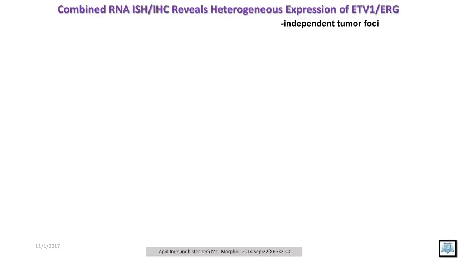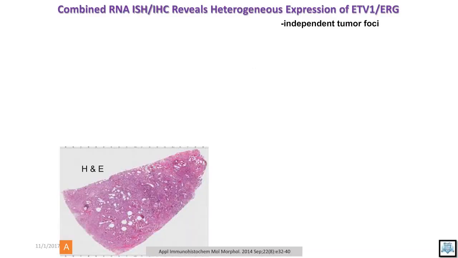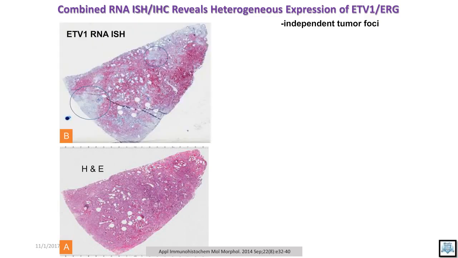Next I would like to show an example of how we learn some new information or unexpected results when we develop new approaches. Here I'm showing one example. This is a prostatectomy sample where there is a tumor foci stained with hematoxylin and eosin, and before the RNA in situ hybridization, we confirmed this case was positive for ETV1 rearrangement by FISH.